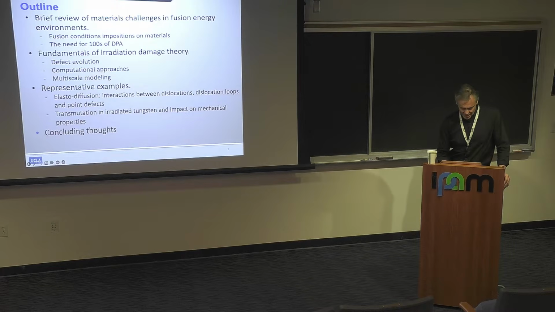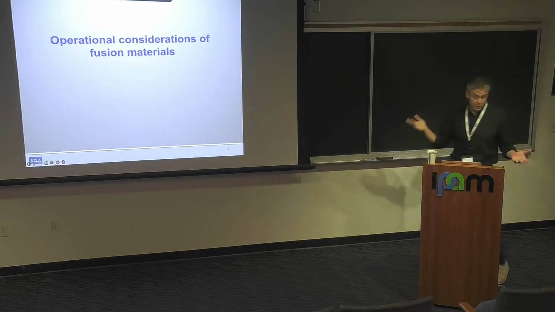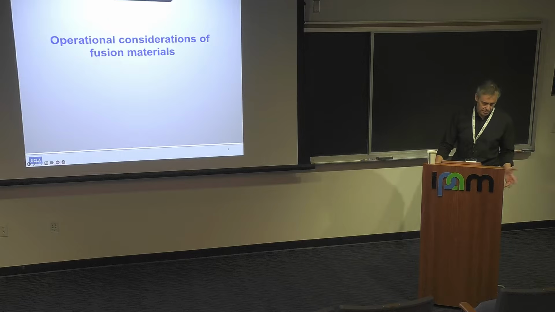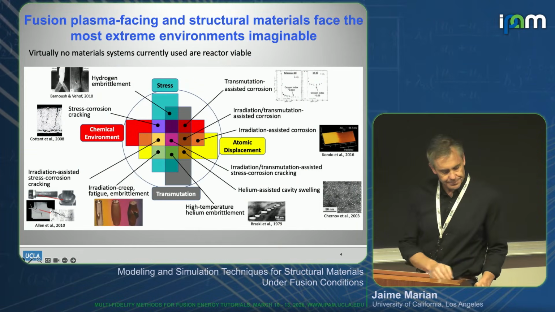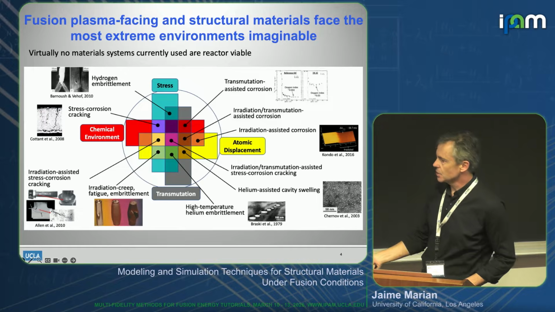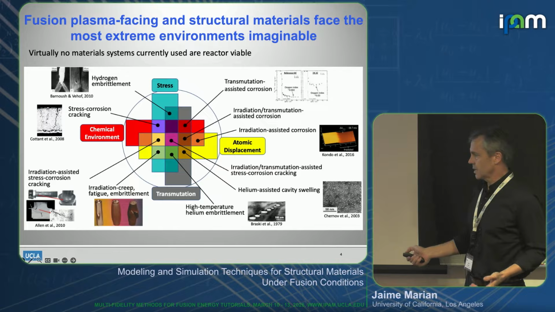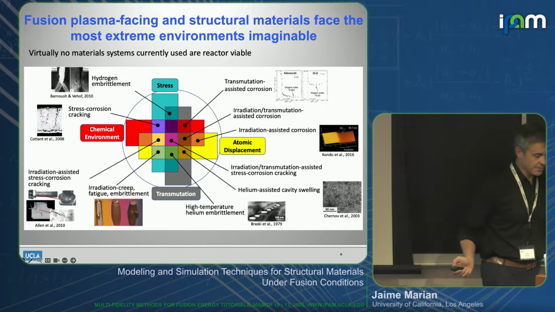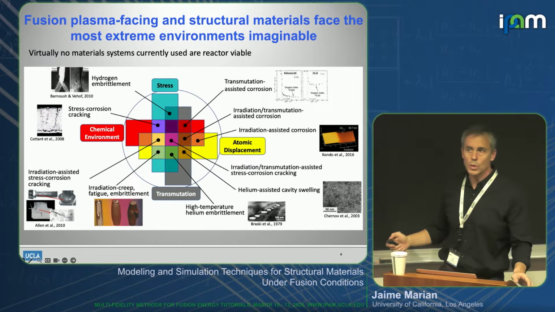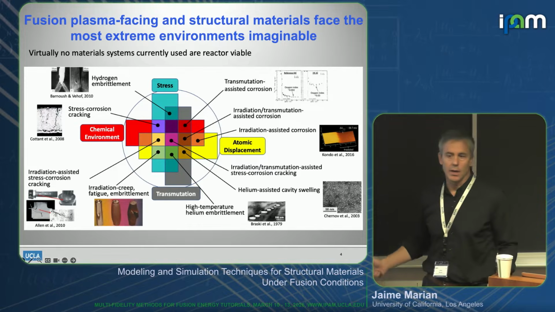Yeah, good catch. All right, so let's talk a little bit about what fusion materials, specifically structural fusion materials, are going to be facing in a fusion operational scenario. So generally, when you ask, and this is true of undergraduate students and graduate students, but if I say, tell me in your mind, and you don't have to be a materials person for this, what would be the most severe materials degradation process that you can think of?